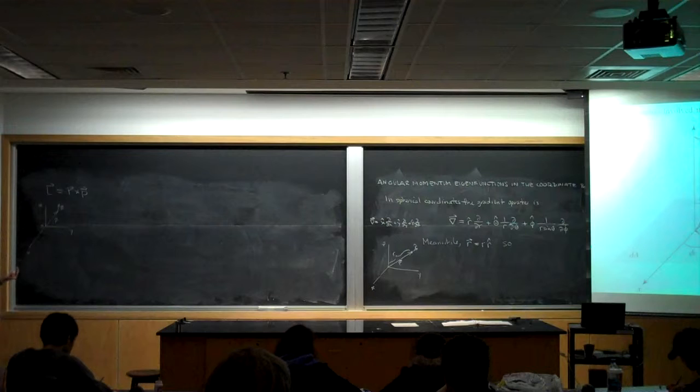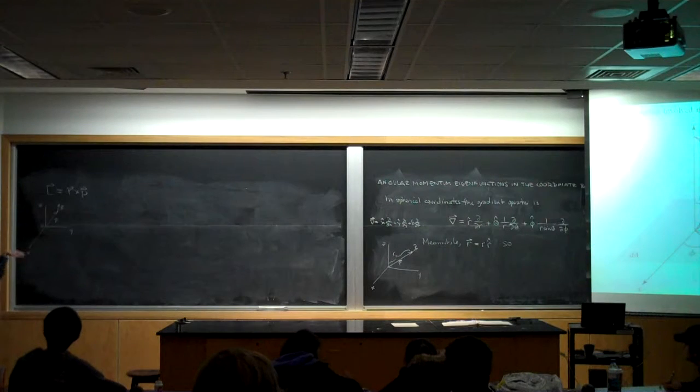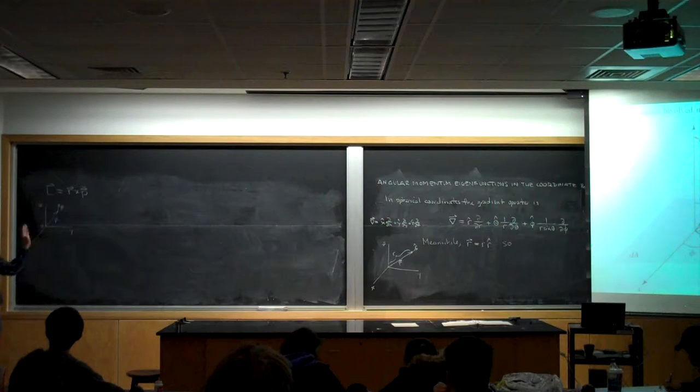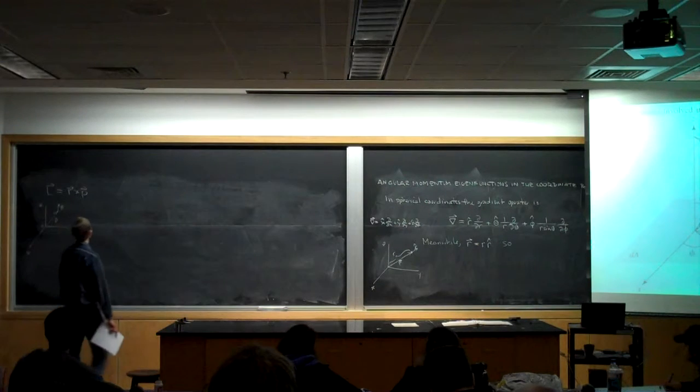That's what we used before to get the expression in Cartesian coordinates for the angular momentum operator components. We took minus i h bar r cross the gradient operator. We're going to do the same kind of thing here.